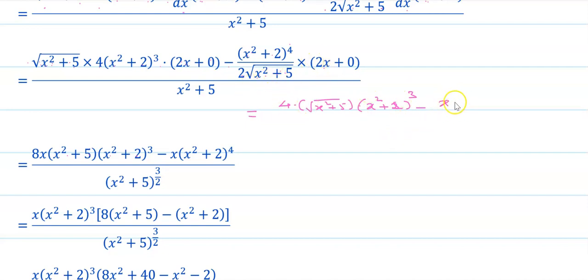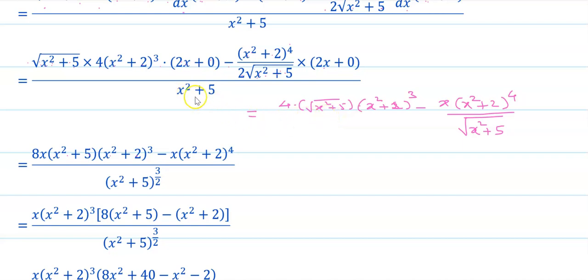You will get x into (x square plus 2) raised to 4 upon root of x square plus 5. Now when root of x square plus 5 is multiplied by root of x square plus 5, the root will get cancelled. You will get x square plus 5 raised to 1. Okay, this is the first one.